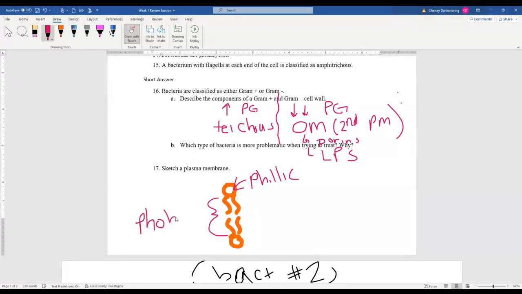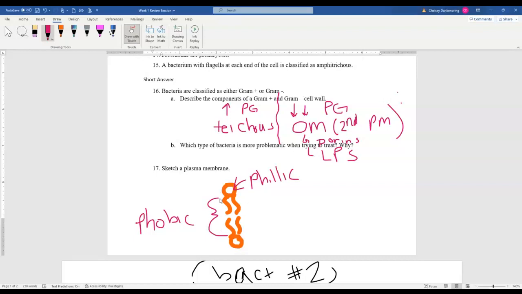This is why most molecules cannot cross the plasma membrane all willy-nilly, because they're not compatible, right? Water is the universal solvent because most things love water. They're like, water, yes, dissolve me, interact with me, right? They love it. Well, hydrophilic things are not compatible with a hydrophobic environment.